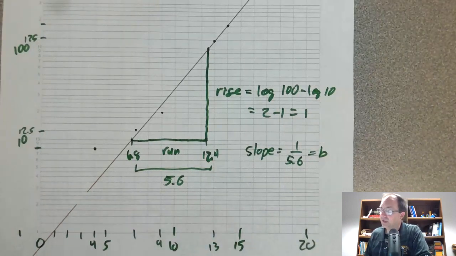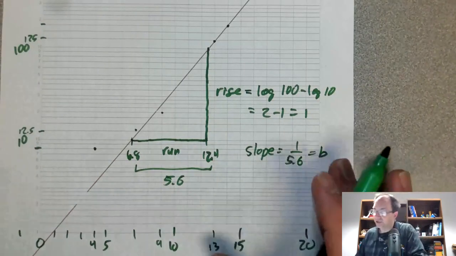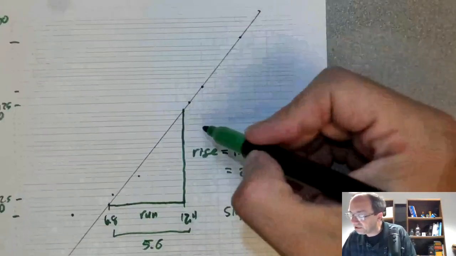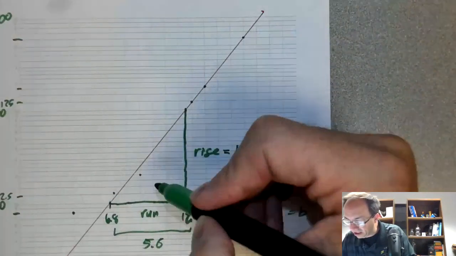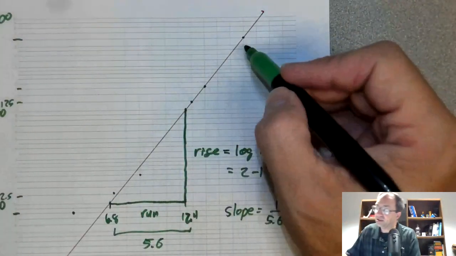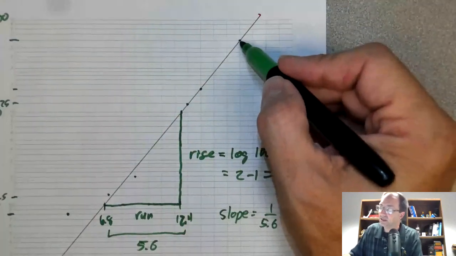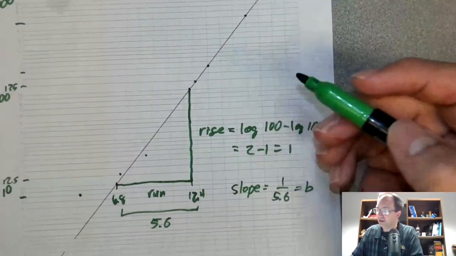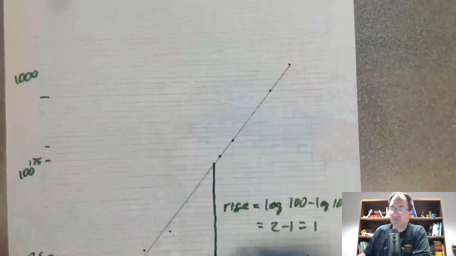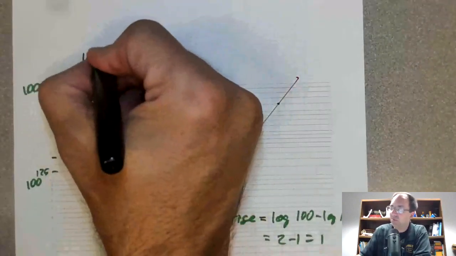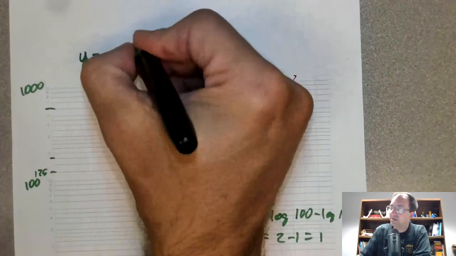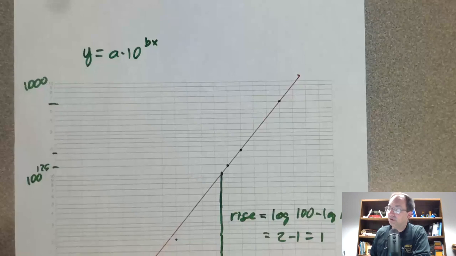Now, to find the a, we need to plug in. So just find the point that the line passes through. And actually, it looks like it passes through this last point as good as any of them. So I can just plug in. Remember, our formula is y equals a times 10 to the bx.